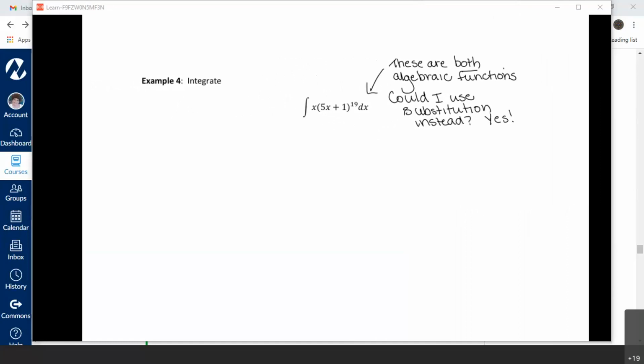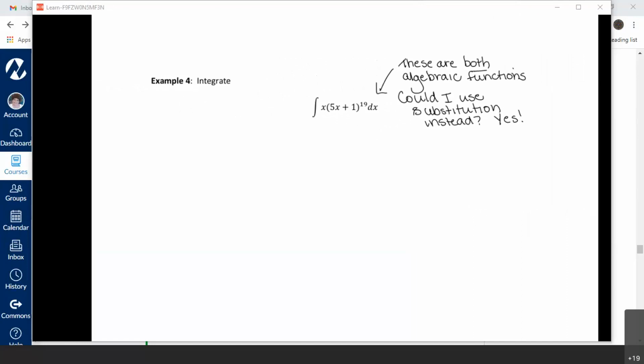If you remember, for substitution, you pick your u value, the thing you're substituting for, to be any quantity in parentheses, any quantity in a denominator, which you could write as something in parentheses to a negative power, or an exponent on e.